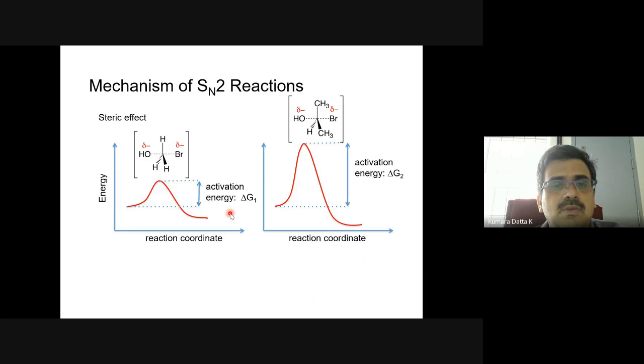Okay? So this is also an important aspect of SN2 reactions. You have reactants and products, and an intermediate stage where both the leaving group and the nucleophile are in one plane.